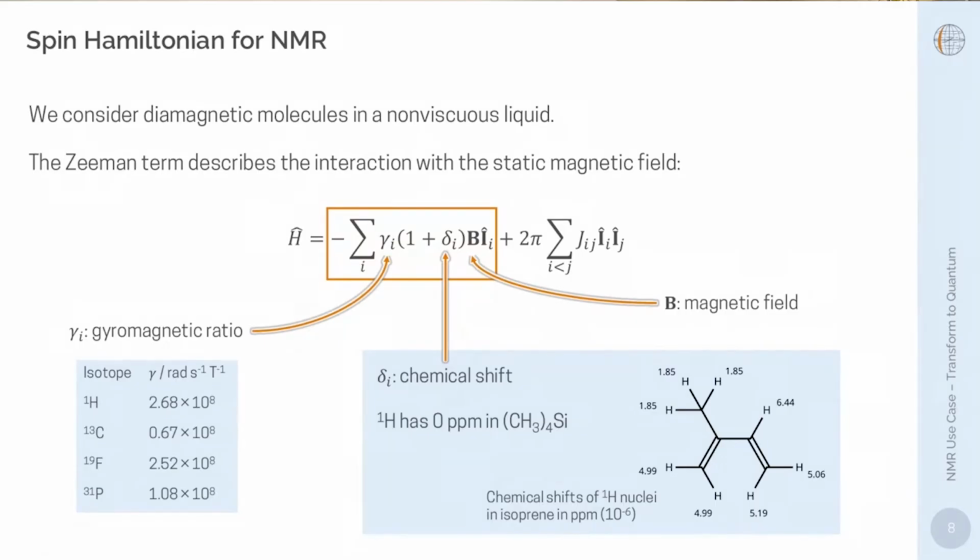This example is isoprene that you see at the bottom, and the protons in the methyl group, the CH3 group, have a value of about 1.85. The terminal CH2 groups have chemical shifts of about 5. The one in the middle has about 6.5, and these tend to be pretty characteristic of the specific chemical environment.